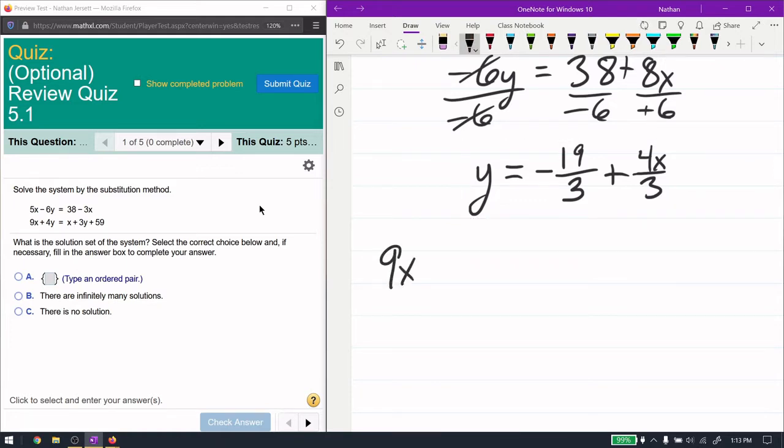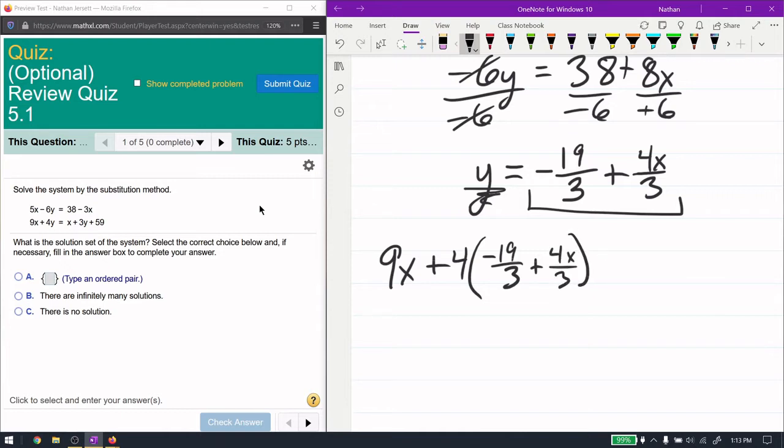The other one I have, I should say, is 9x plus 4 times y. Y is this. So I'm going to take 4 times negative 19 over 3 plus 4x over 3. And then I have this equal to x plus 3y. We already know what y is.